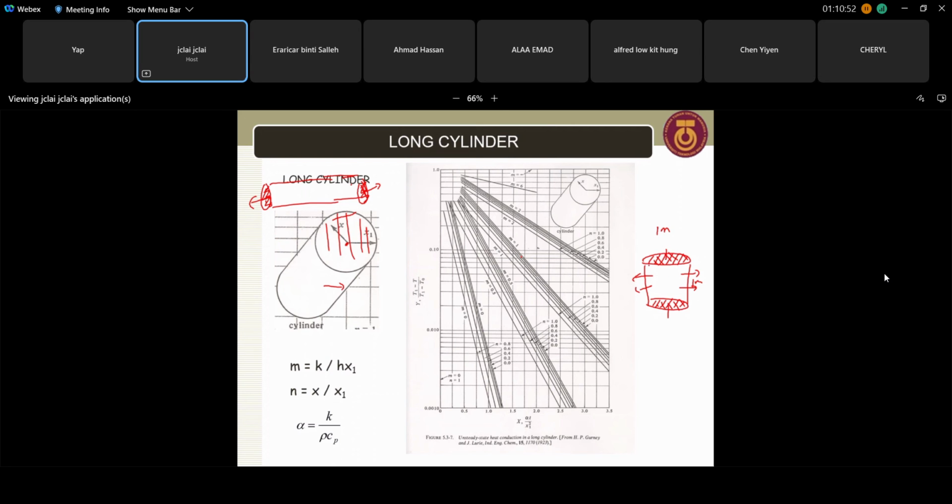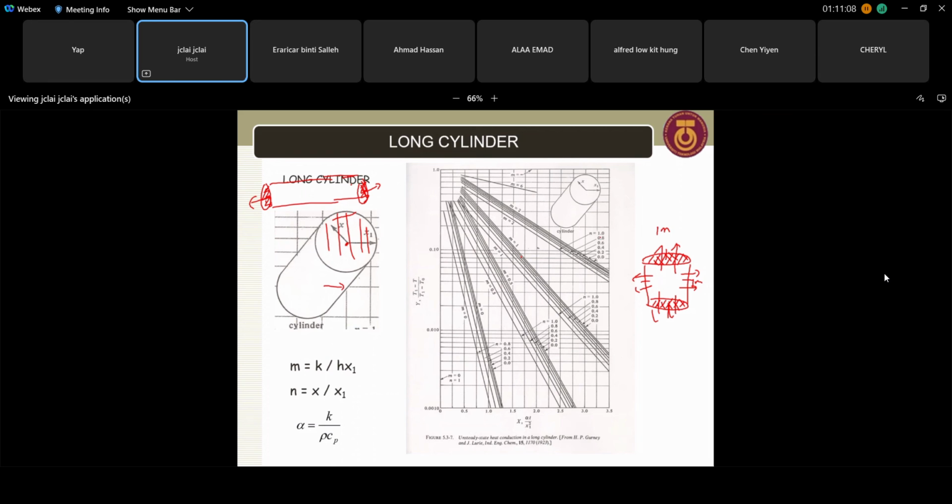You need to combine. It's multiple, like you need to consider heat loss through this and also heat loss through the two surfaces.